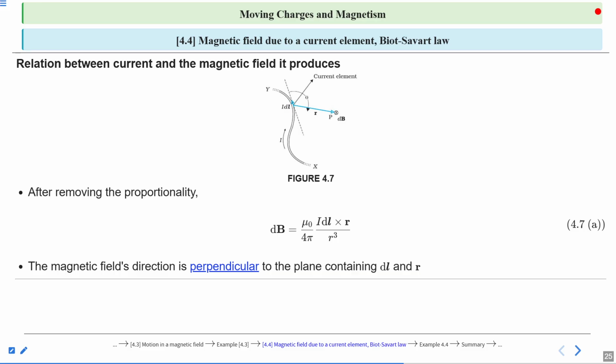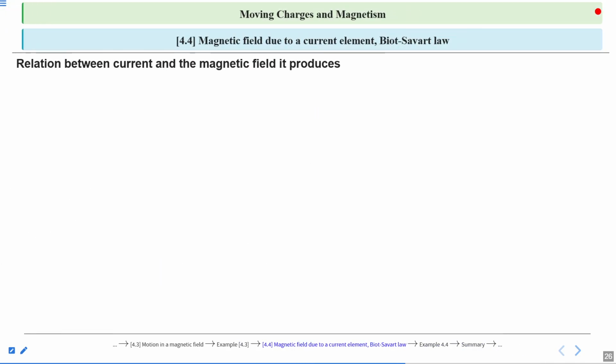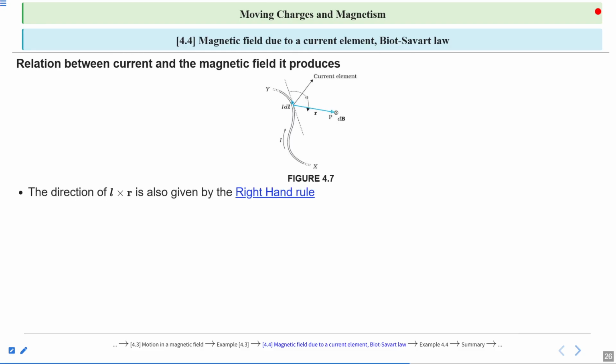That means the magnetic field is in the inside direction, perpendicular to the plane. You can find the direction using the right hand rule for vector products. So you can see here now the direction of dl cross r is also given by the right hand rule.